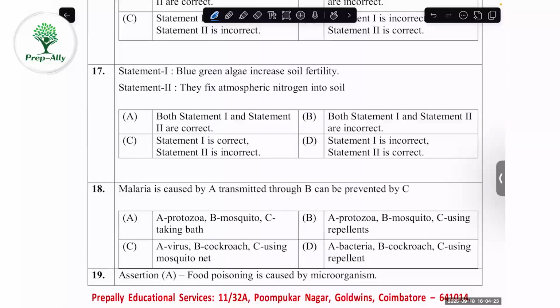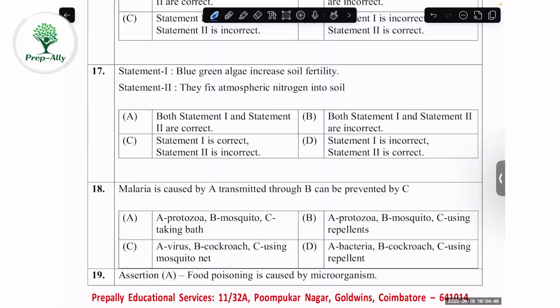So this blue-green algae, this microorganism, will trap the atmospheric nitrogen. We have studied in the crop production chapter the NPK fertilizer, that means nitrogen, phosphorus and potassium.